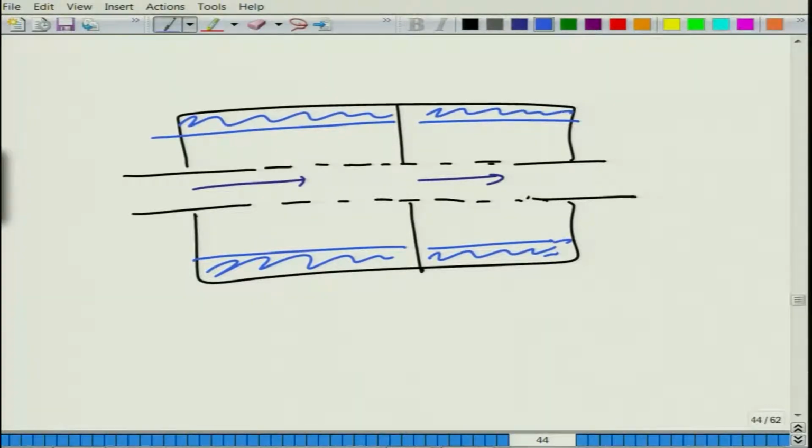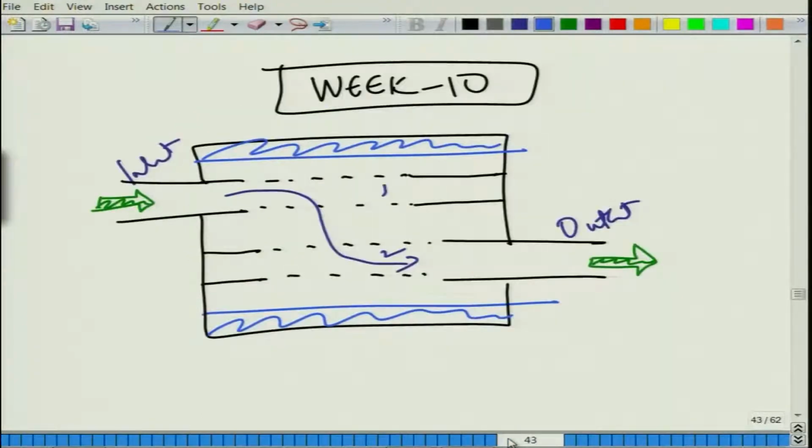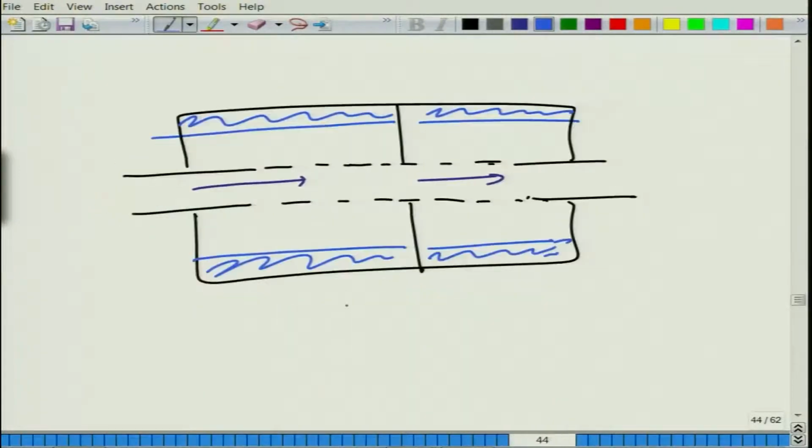But the central thing to be noted in this configuration, well, this is cross flow anyway, cross flow configuration, and this is straight through. The idea really is that the flow can take only one path, but there can be many other configurations in which multiple paths do exist.